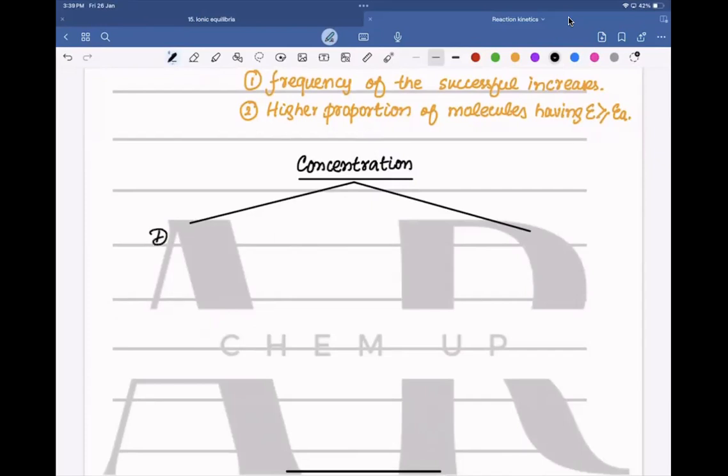One is diluted and the second one is concentrated. I hope you guys know what diluted and concentrated mean.